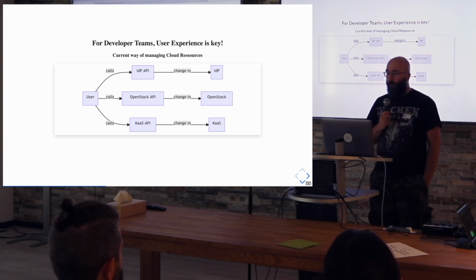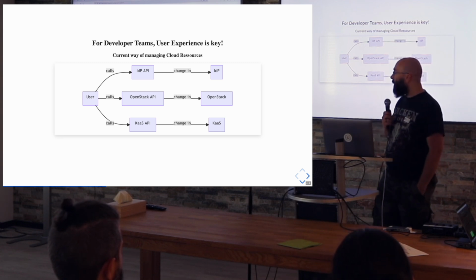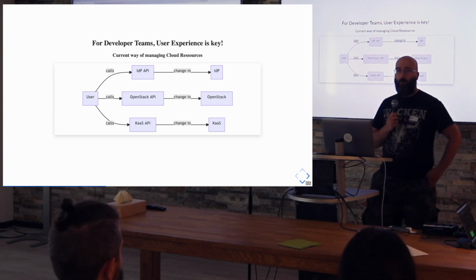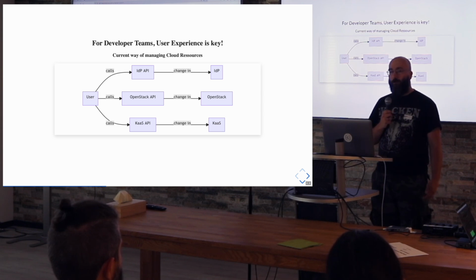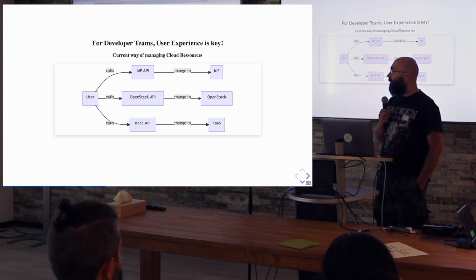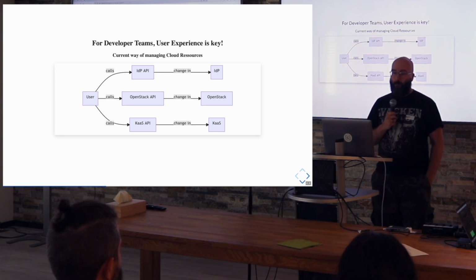For the IDP, for example, we use Keycloak, so we need to use the Keycloak API. For OpenStack, we need to use the OpenStack API, obviously, and for the CARS implementation, we use a Kubernetes API.